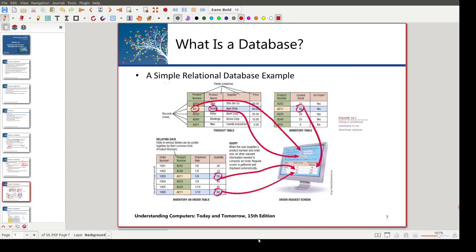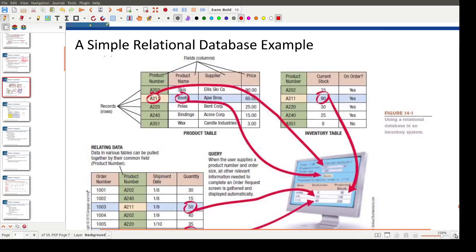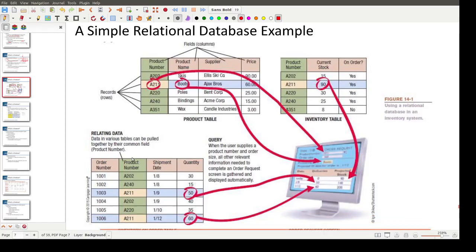So this is just giving you an example of a very simple database that has many tables. The first is the product table, the second is the inventory table, and the third is the order table.